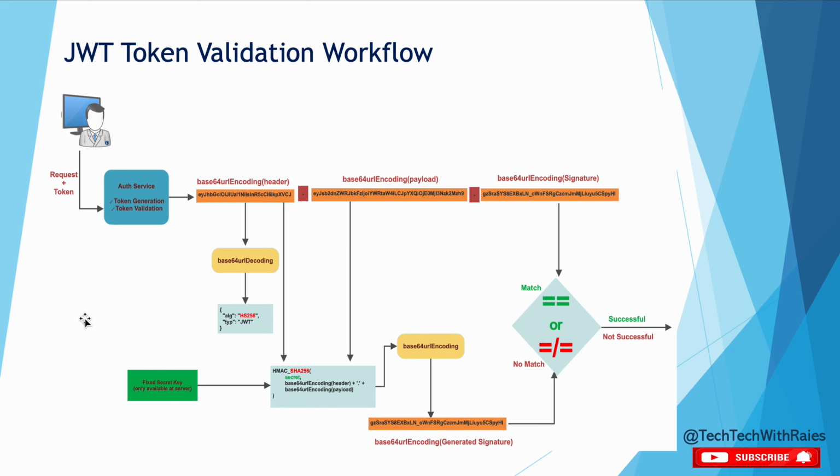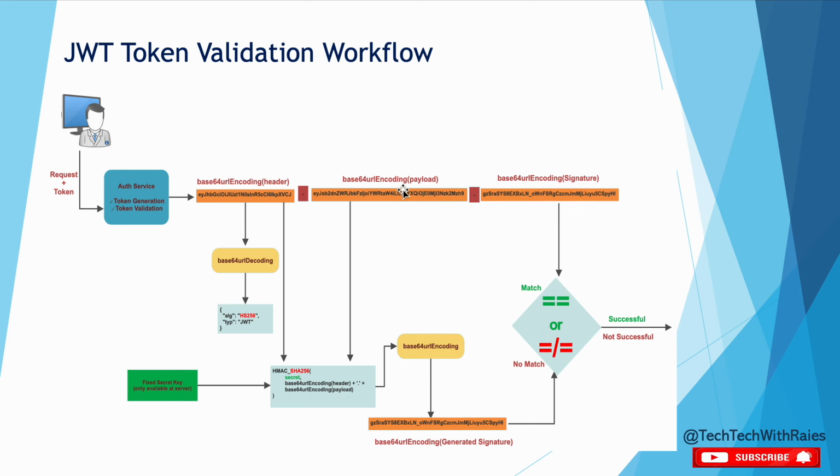Let's assume that someone changed something while passing the request. Let's say someone changed the payload section, because it can be easily decoded. So someone decoded it, and after decoding it he passed some admin role which was earlier an auditor role only.